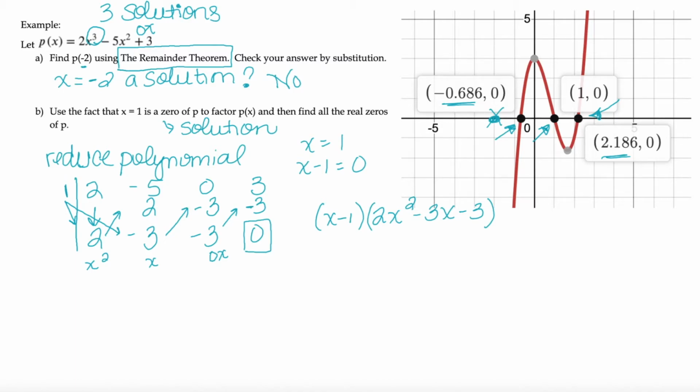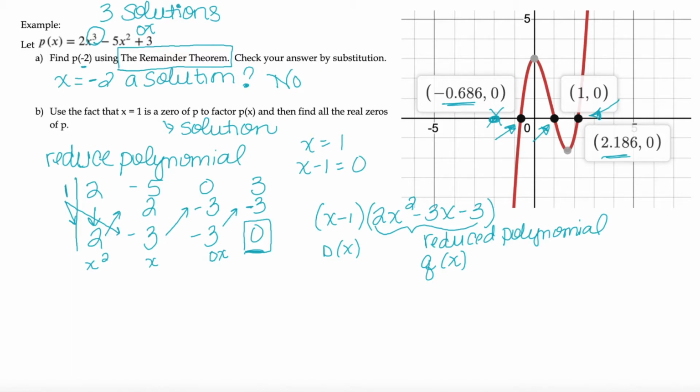This 2x squared minus 3x minus 3 is called the reduced polynomial. It was also the quotient, and x minus 1 was the divisor. We have no remainder, so we don't need to add a remainder to this.